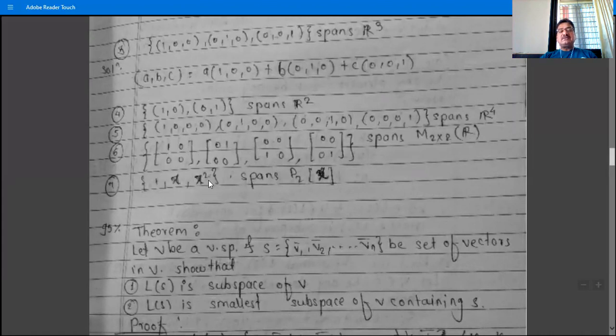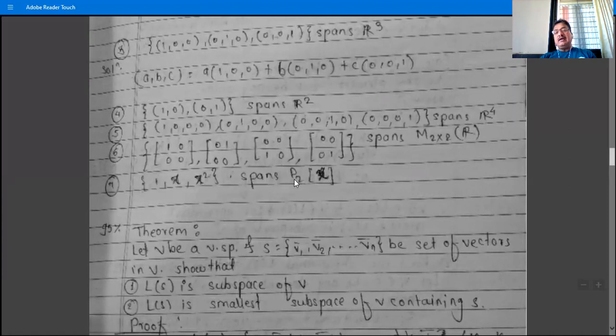Similarly, 1, x, x square spans P2(x), or P2. What is P2(x)? P2(x) is the vector space of all polynomials of degree less than or equal to 2. And these three polynomials, 1, x and x square, span P2(x).